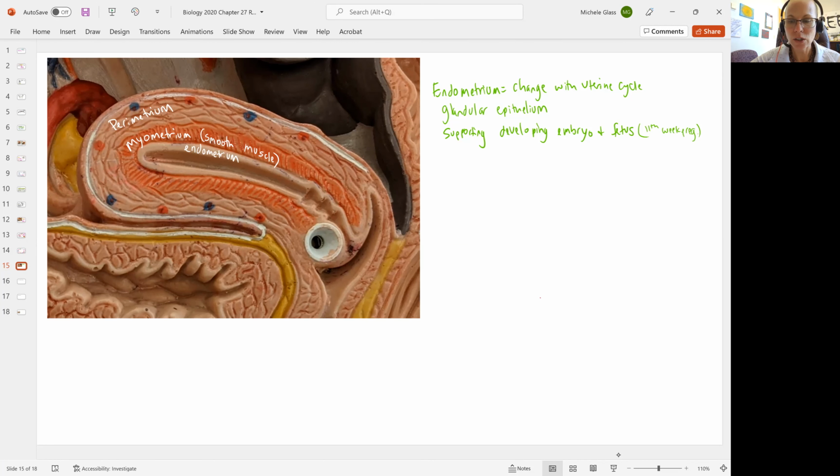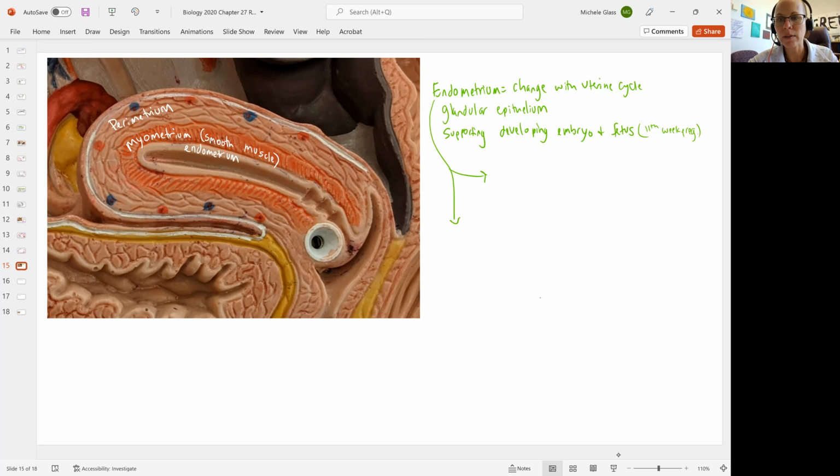What I also wanted to talk about with the endometrium is that it has two layers.